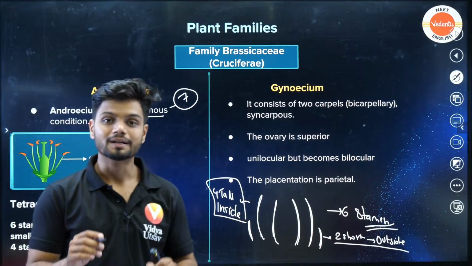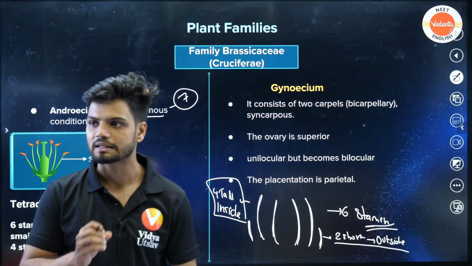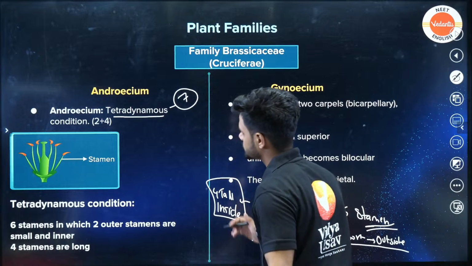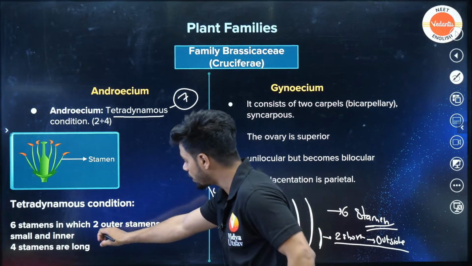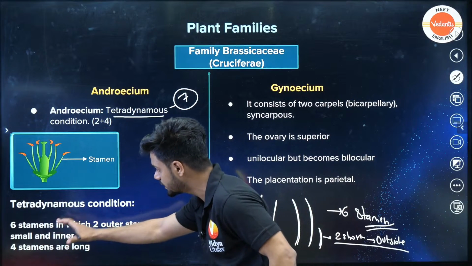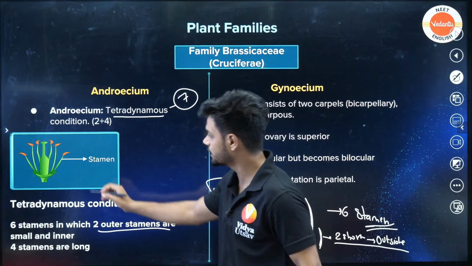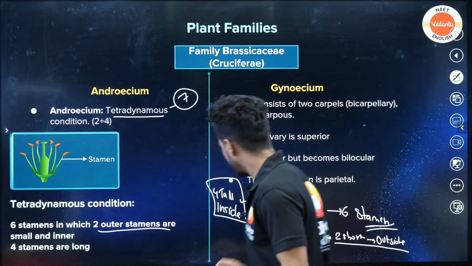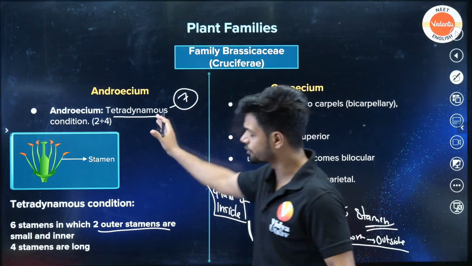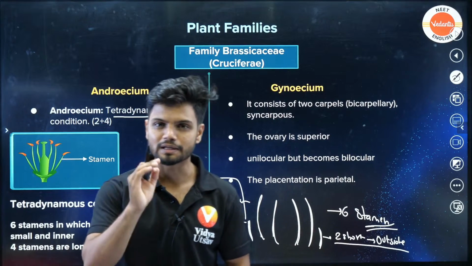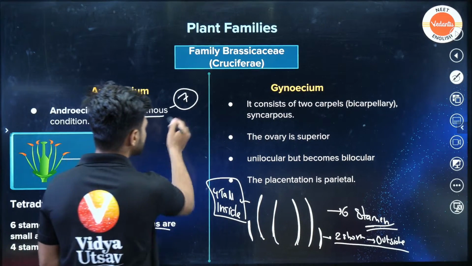This is called your tetradynamous condition. See, 2 plus 4 arrangement, 6 stamens in which the 2 outside stamens are smaller and the inner 4 stamens are taller. So 4 inside are tall, 2 short are on the outside. This is your tetradynamous condition. Now students, that is your 7th point.